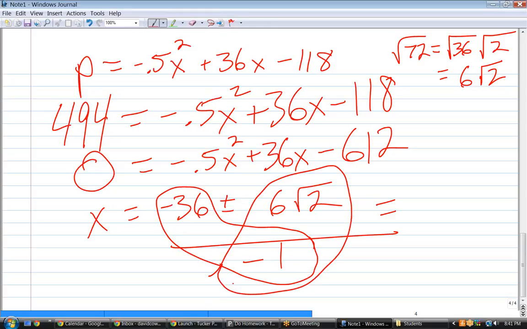What's minus 36 divided by minus 1? 36. And then this plus or minus divided by the minus stays plus or minus. Doesn't matter. There's still going to be 2 answers. So that's what x is equal to, 36 plus or minus 6 root 2.